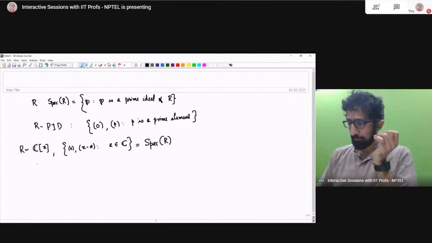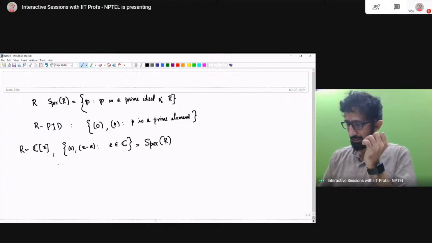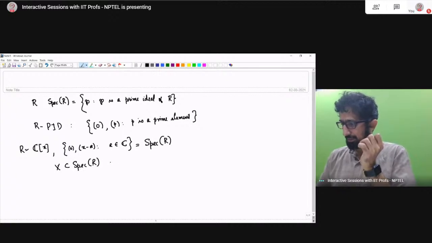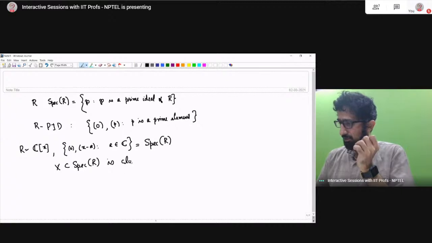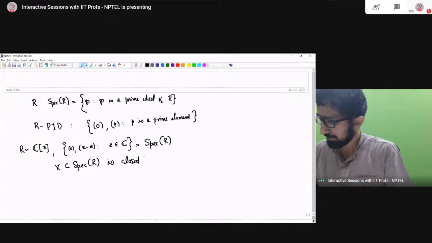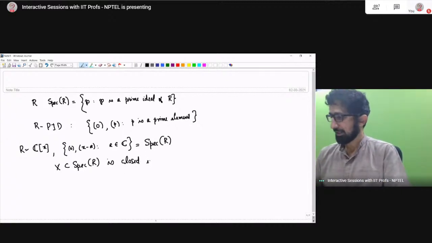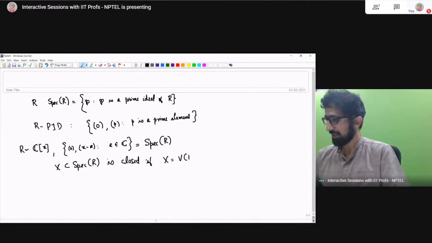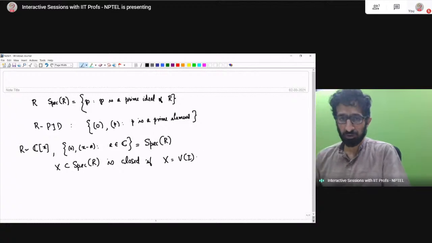So here on Spec R, you can define a closed set: X in Spec R is closed if X is equal to V of I. So I'll define what these terms are.